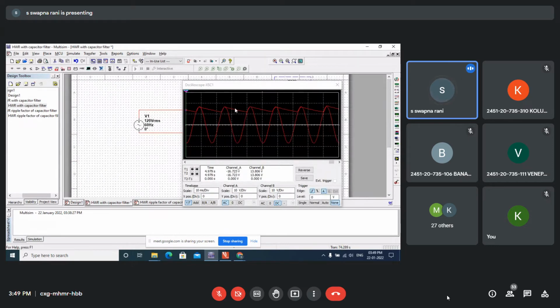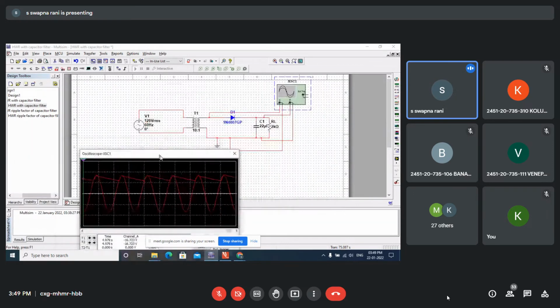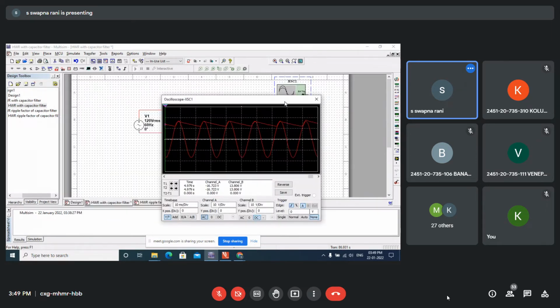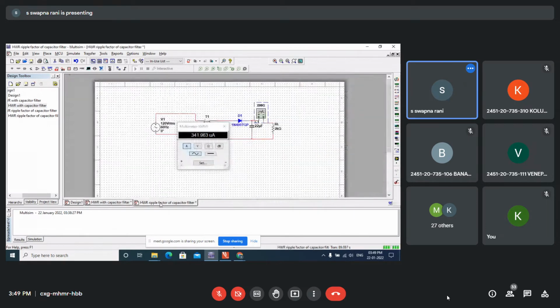This is screenshot I will send you later. The screenshot and the waveforms. So we will connect the voltmeter also. We will see how it is.